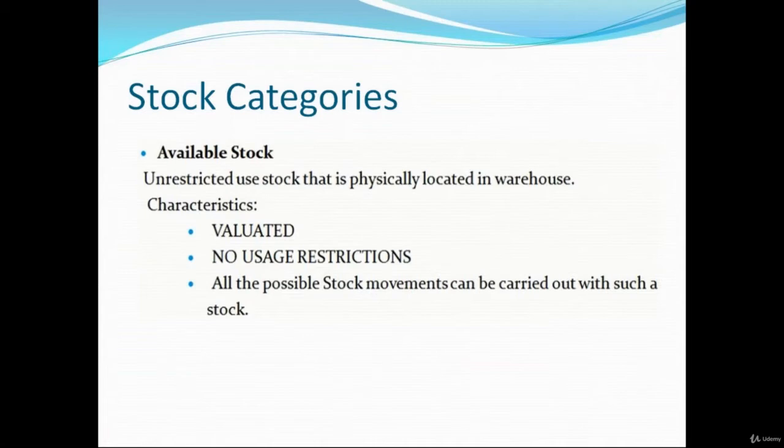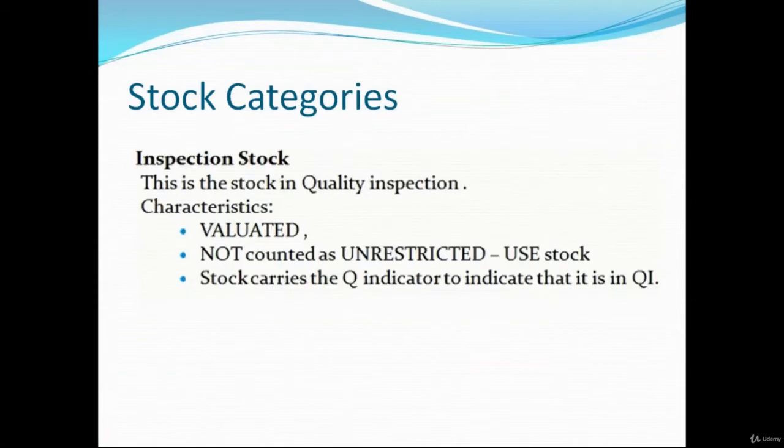All the possible stock movements can be carried out with such stock. So if the material is unrestricted, there won't be any restriction for any movements. It is better that all the movements be done using unrestricted materials.